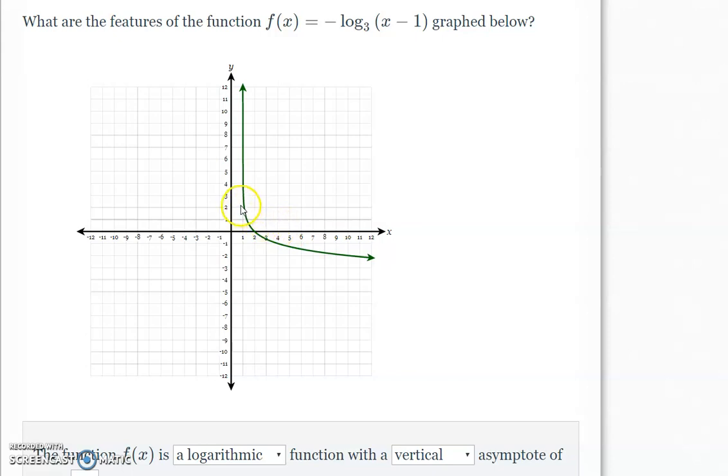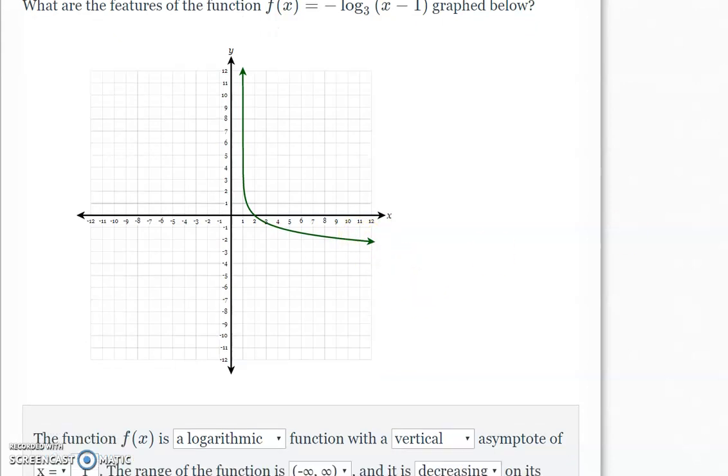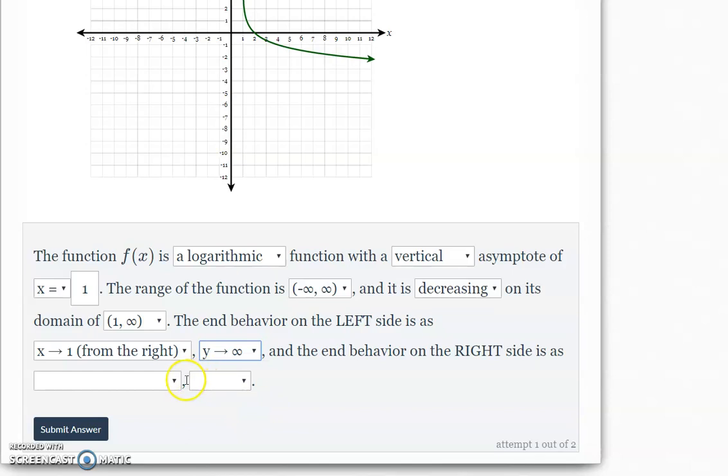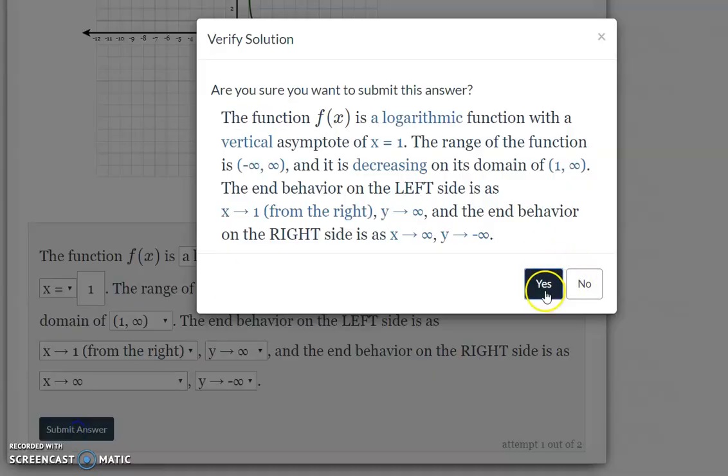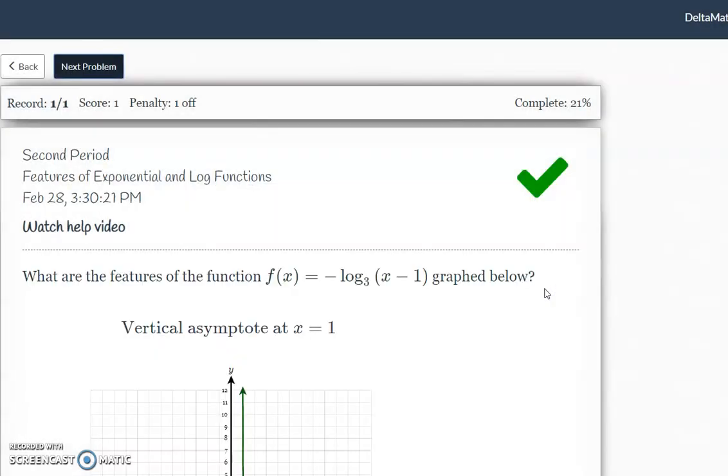So it's getting closer and closer to 1, and the y values are going sky high. On the right-hand side, as the x values go toward positive infinity, the y values are going down. It may not be looking like it's going down very fast, but it is going down forever. So x equals positive infinity, y equals negative infinity. Awesome.